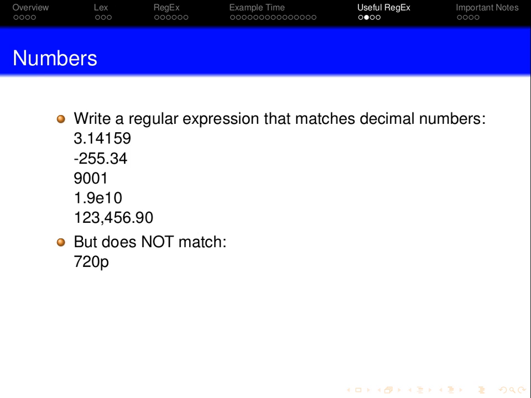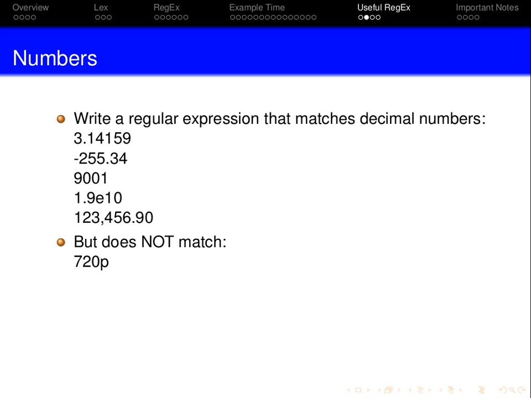How about a number? So we can just write the string except for a letter, or just a number. Look at this now. I'm not saying it matches these and not that.